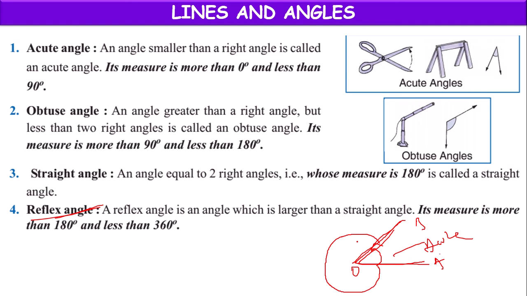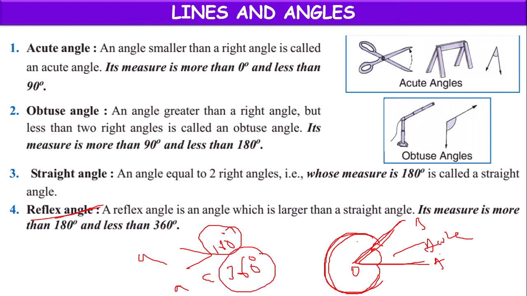It will be more than 180 degrees, but less than 360 degrees. The angle opposite to the acute angle will always be greater than 180 degrees and less than 360 degrees.